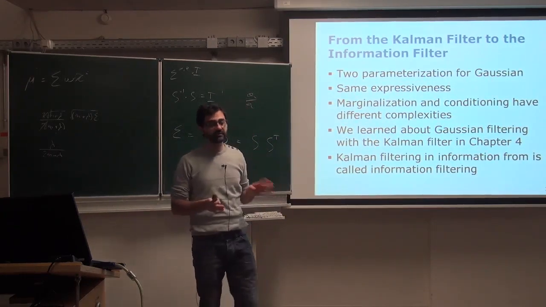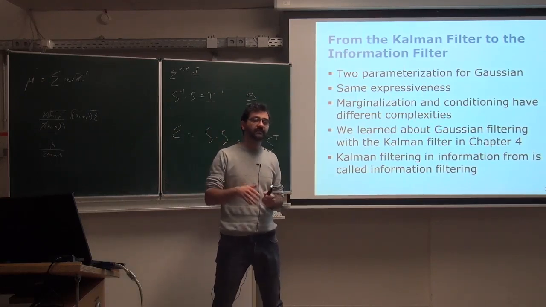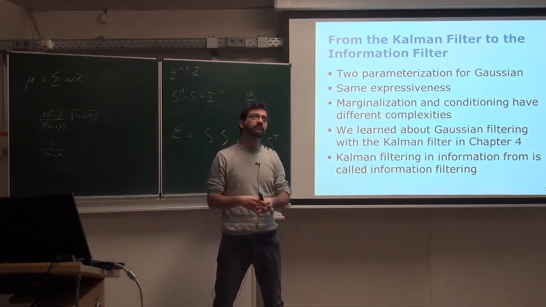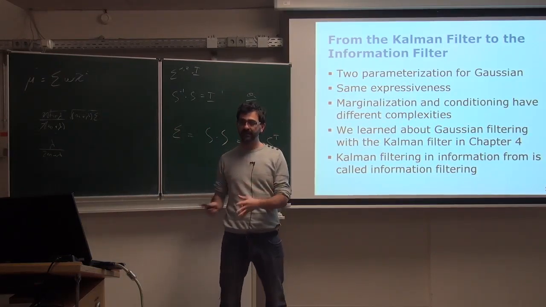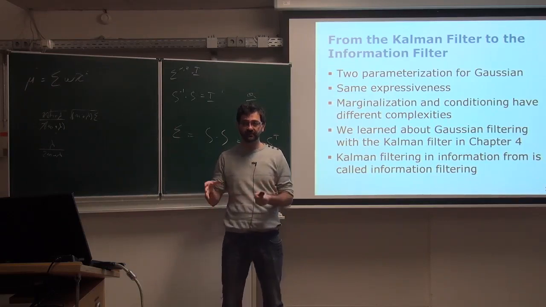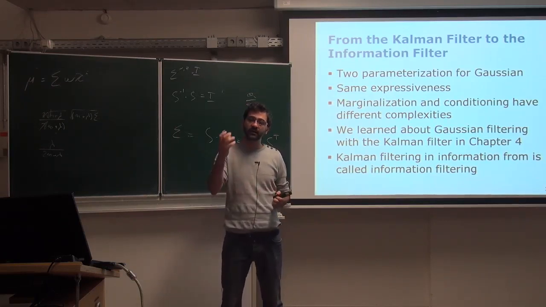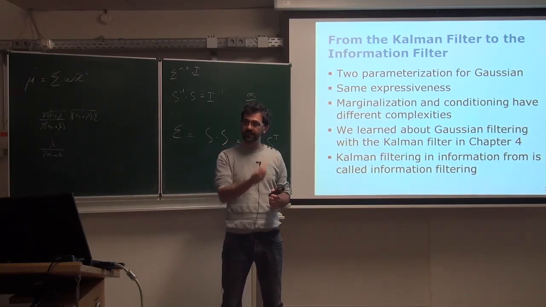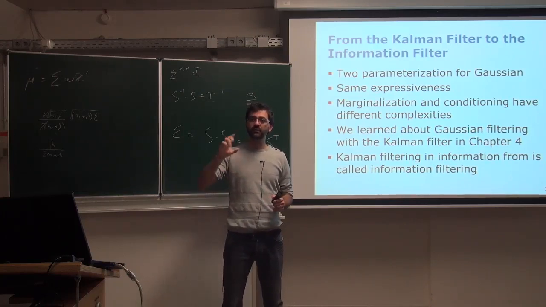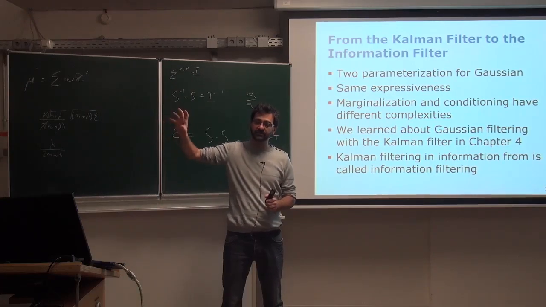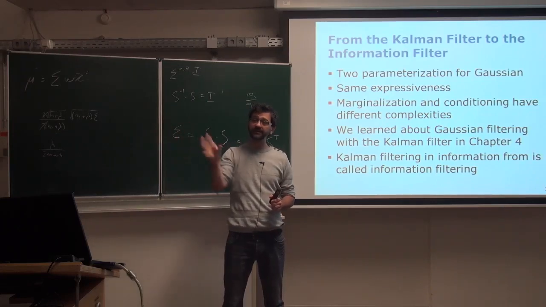Basically, this is just a way of making you aware that you might parameterize distributions differently, and most of the time what you will use is the Kalman filter because you actually care about the mean, you care about where the state is, but there are cases where it's computationally easier to use the information, the canonical parameterization, get a lot of observations in, update your state, and then convert back to the mean in case you need it.